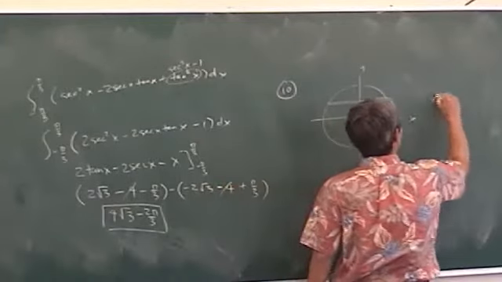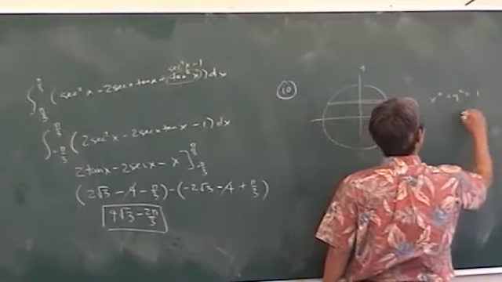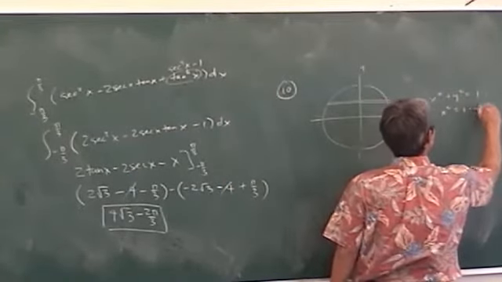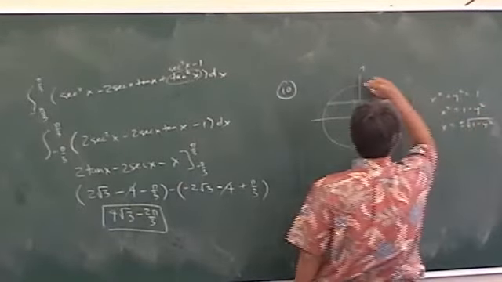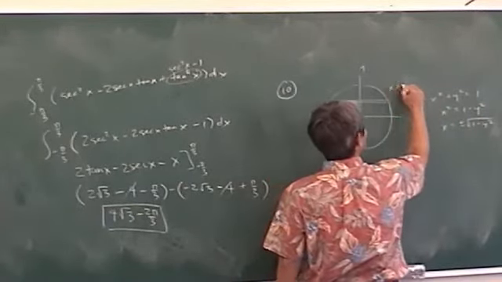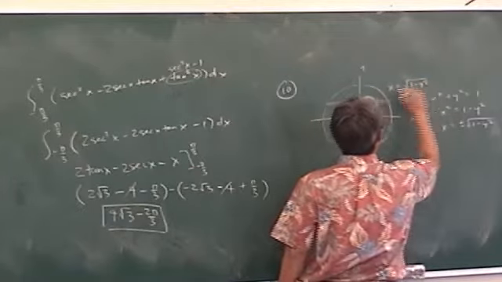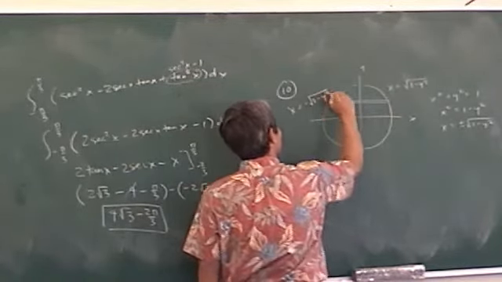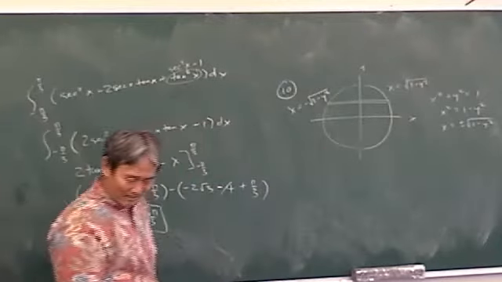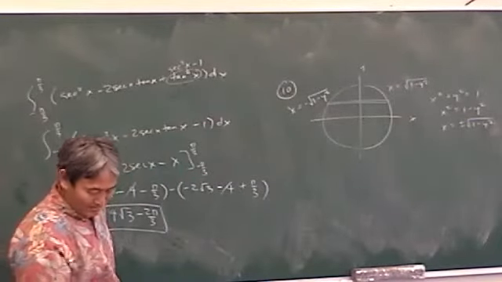So if you have x squared plus y squared equal 1, if you solve for x, you get plus or minus root 1 minus y squared. So this half of the semicircle is x equals root 1 minus y squared. This half is x equals negative root 1 minus y squared. Did they actually tell you that? No, this time they did it.